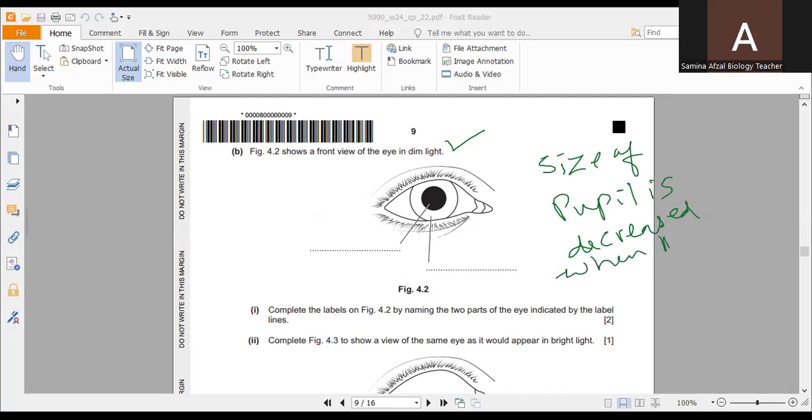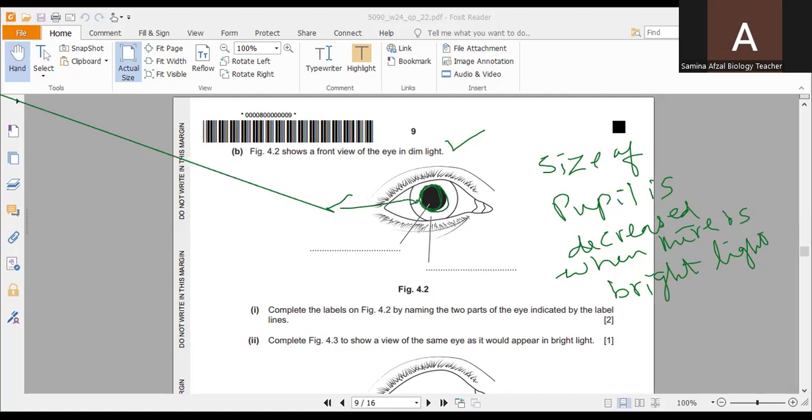when there is bright light. So in dim light, you can see this size. Dim light, this is the size. And in bright light, this size will decrease in this way.